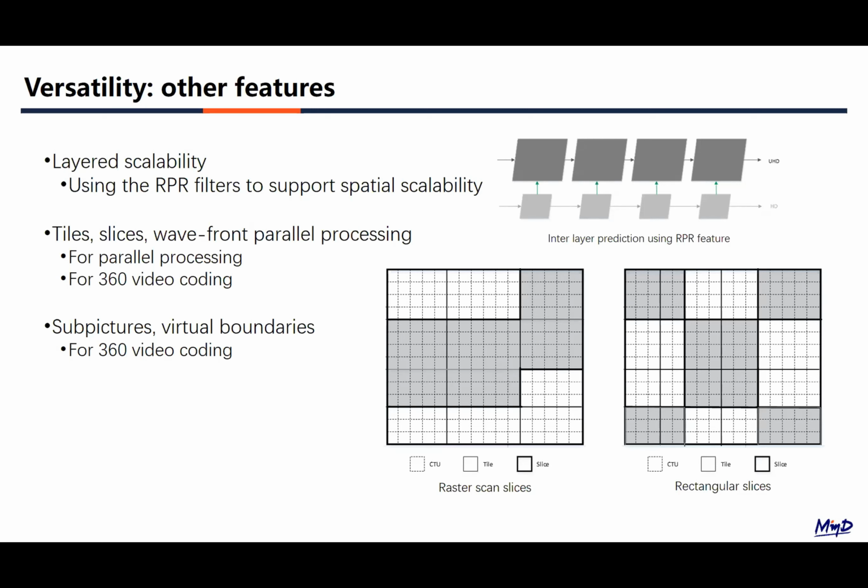Pictures are getting bigger, so VVC supports tiles, slices, and wavefronts (WPP) for parallel processing. For slices, in addition to the raster-scan slices, VVC also supports the rectangular slice mode shown on the picture on the bottom right side, which is a more rectangular shape. VVC also supports subpictures and virtual boundaries for coding of 360 video.